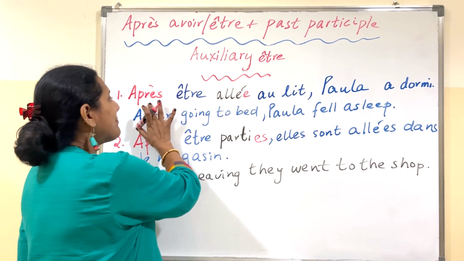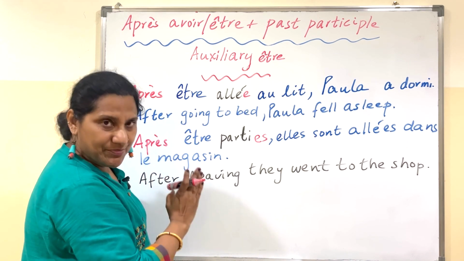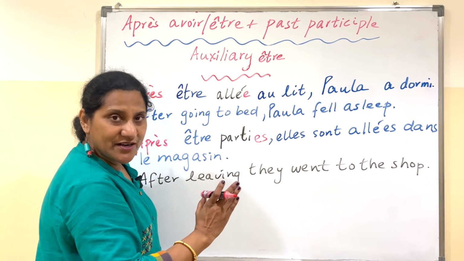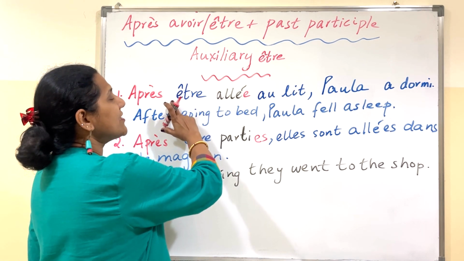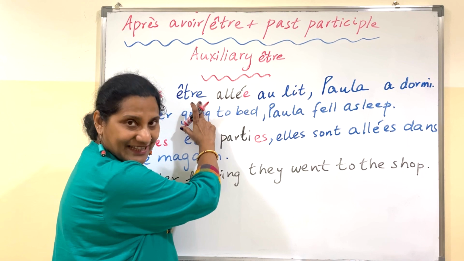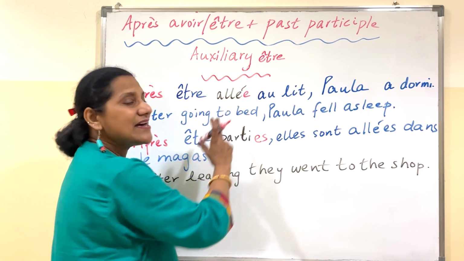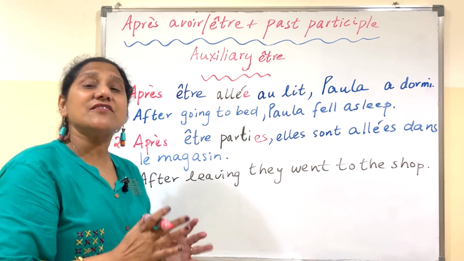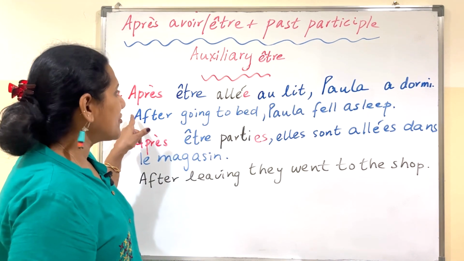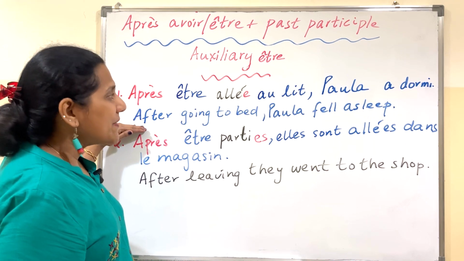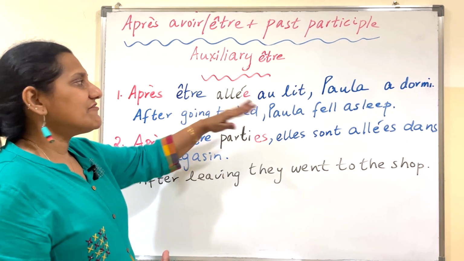The structure is après, avoir or être, that's auxiliary avoir or être, plus the past participle. When we use the auxiliary être, there has to be an agreement based on the subject that is doing the action. So, after going to bed, who went to bed? Paula. Then she fell asleep.